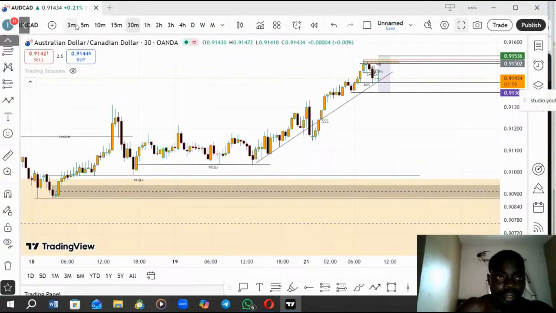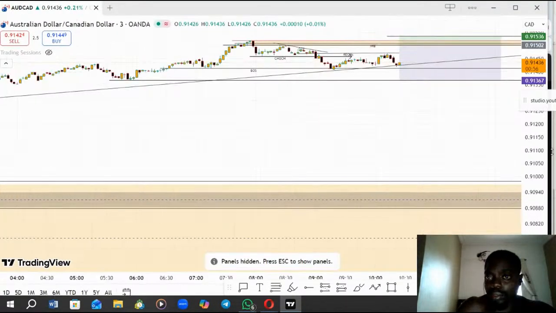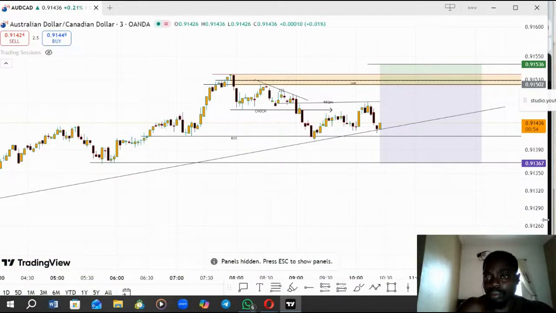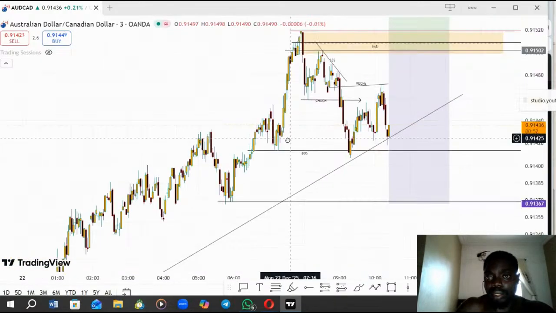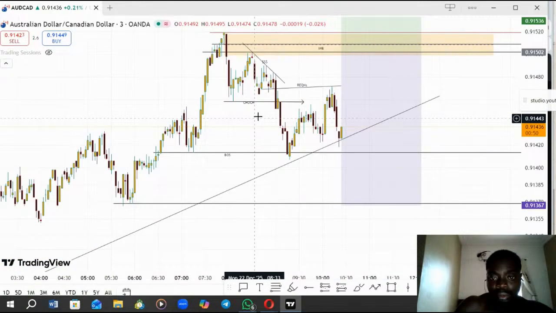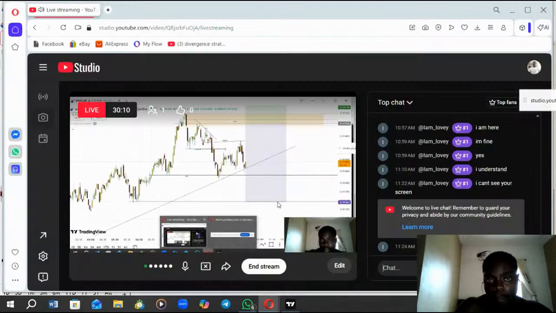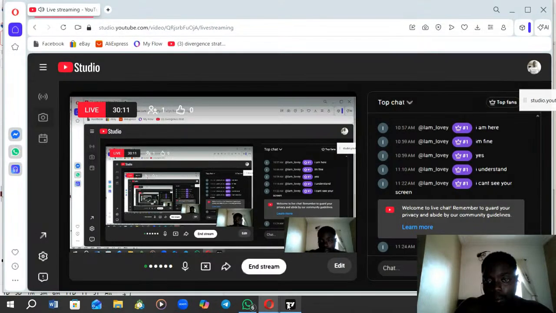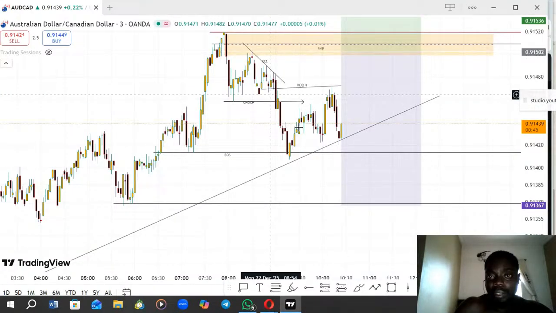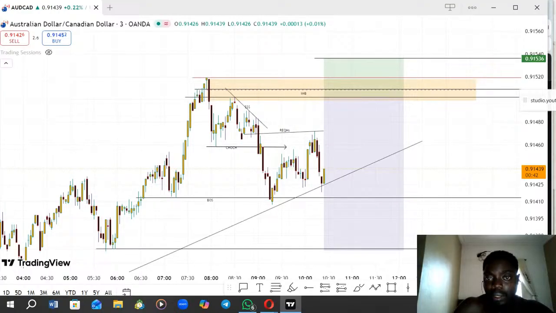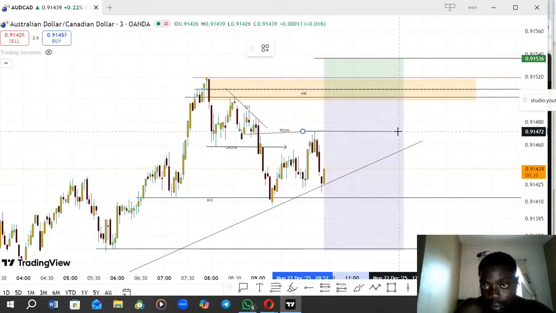On the 3 minute now, we saw another thing. On the 3 minute, we saw that price has shifted structure. After that, this is an inducement. You don't want to sell from there. So we are waiting for price to come here.